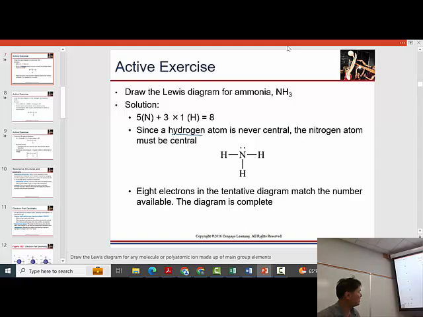Hydrogen atom is never central. We call this a terminal. H and F can only form one bond. Therefore, these are never central atoms.